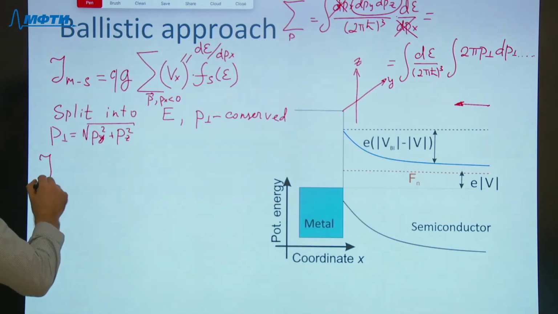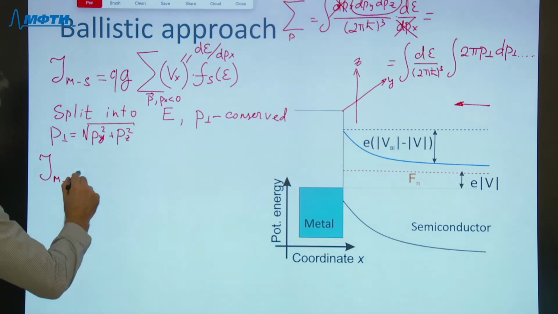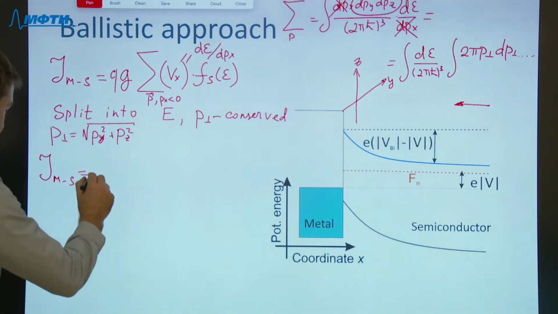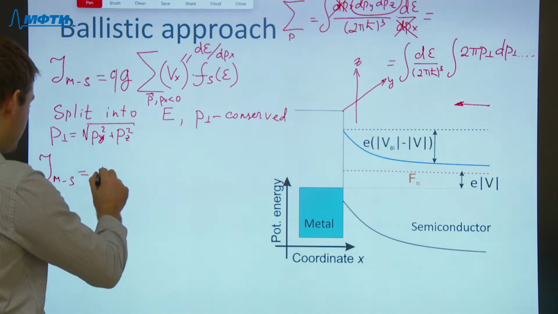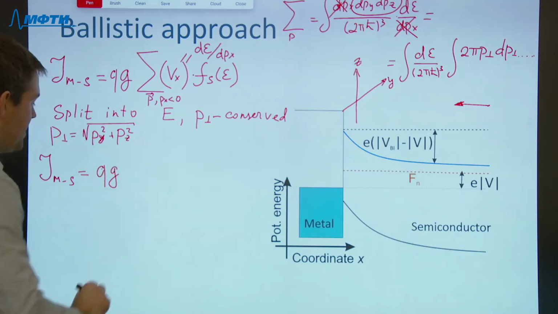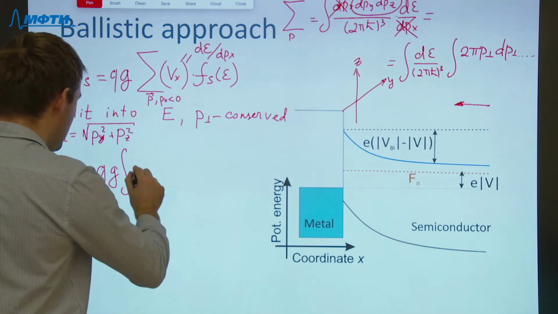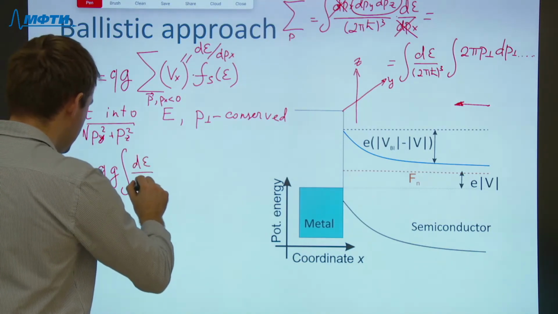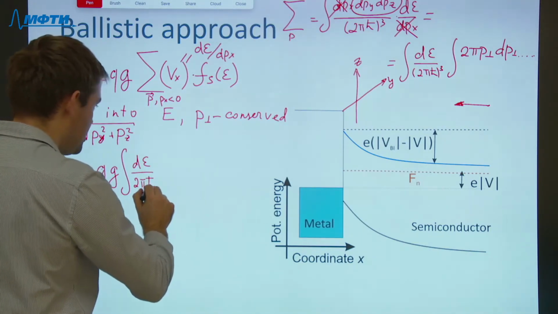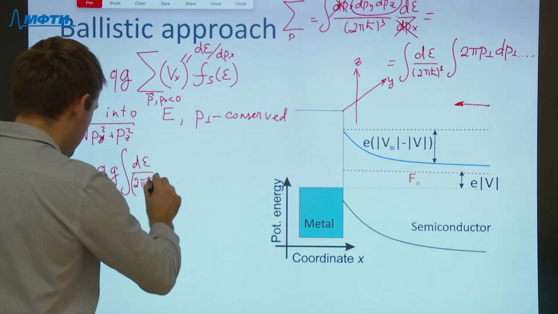So the current flowing from metal to semiconductor is the elementary charge multiplied by the spin degeneracy factor, integral over energies divided by 2 pi h-bar cubed.